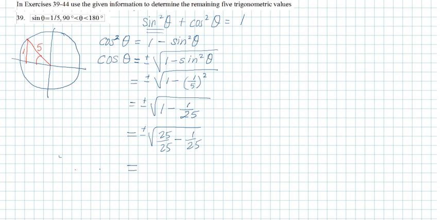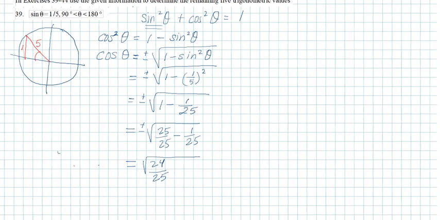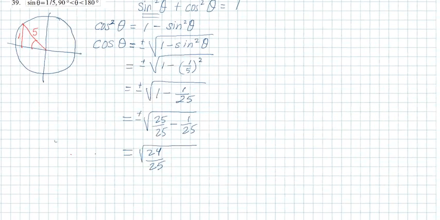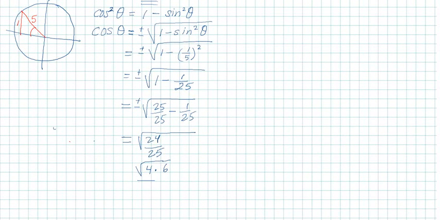And this is the same thing as square root of 24 over 25. And that's the same thing as the square root of 4 times 6 over the square root of 25, which is the same thing as 2 square root of 6 over 5.